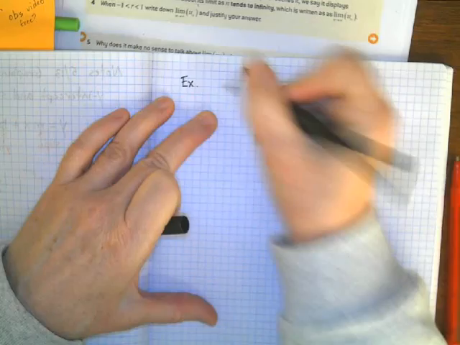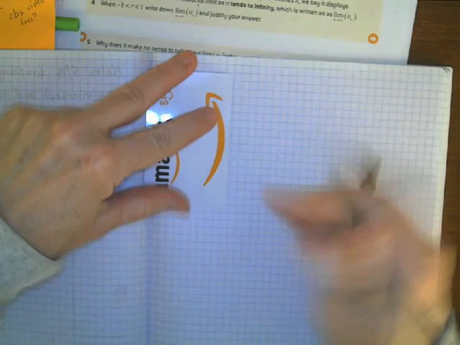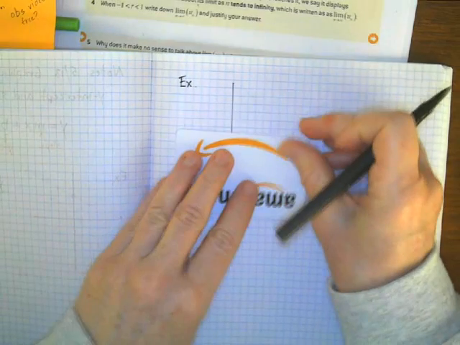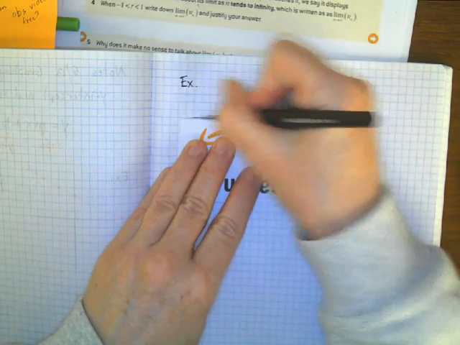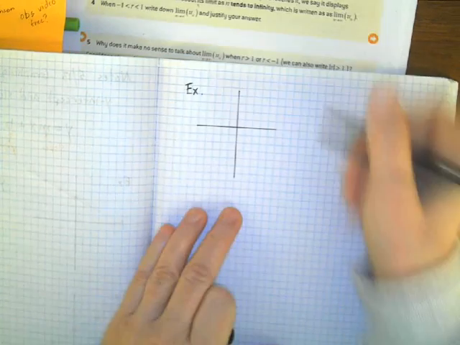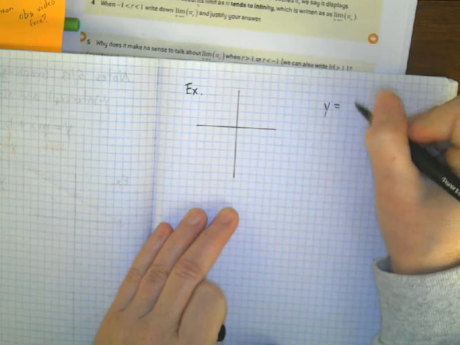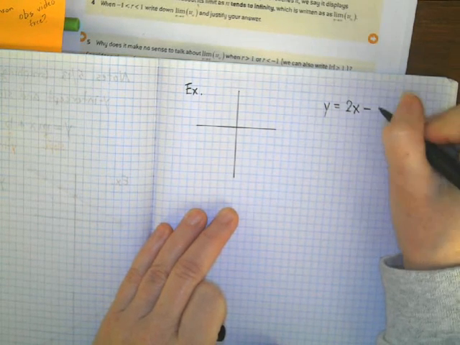What if I want to graph, well, let's make my graph first. All right, let's do y equals 2x minus 3.